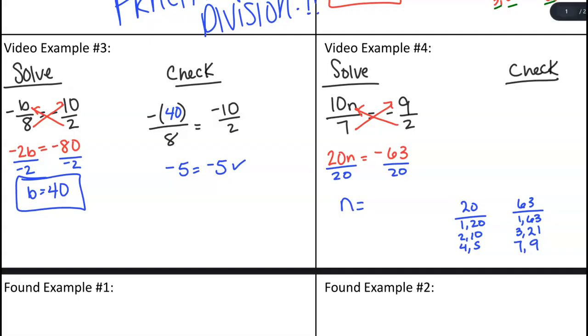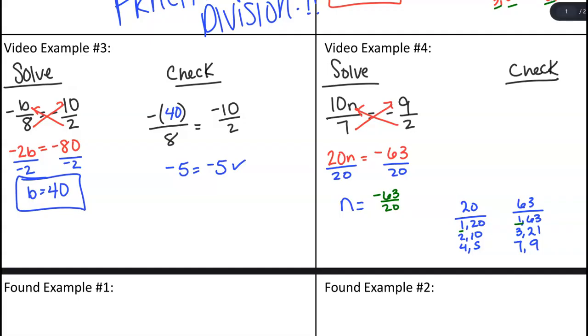So let's see, do we have any in common? Well, we have 1. Every single number has 1 in common, but no 2s, no 4s, no 5s, no 7s, no 9s, no 10s. So they don't share a common factor, so we cannot simplify it. So this is our answer.